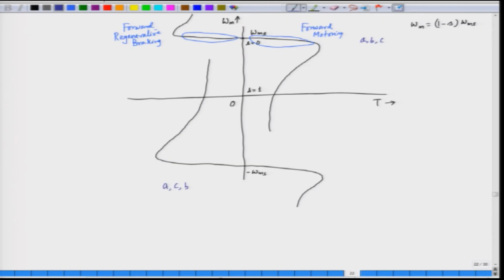So, instead of plus omega m s, the rotating magnetic field will have a value that is minus omega m s, and then this region will be for the reverse motoring. This is third quadrant, and this region will be called the reverse regenerative braking.